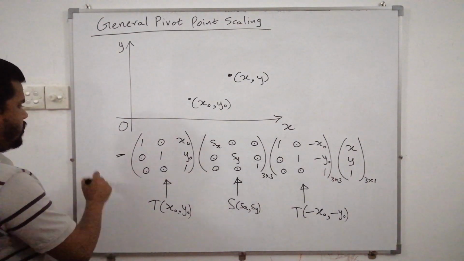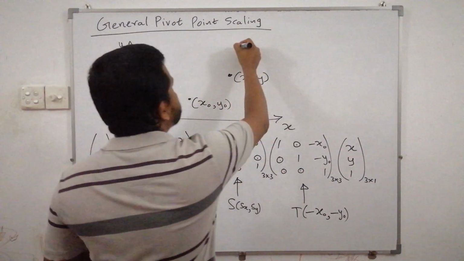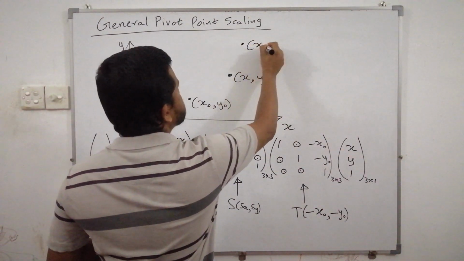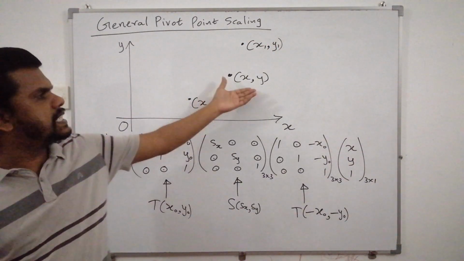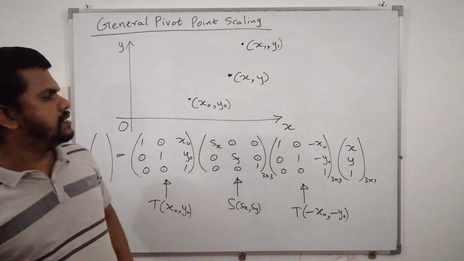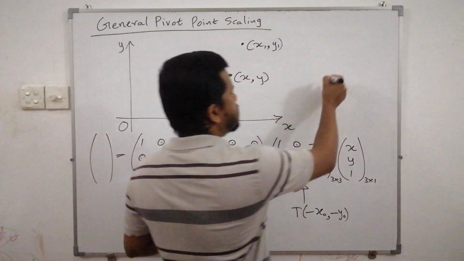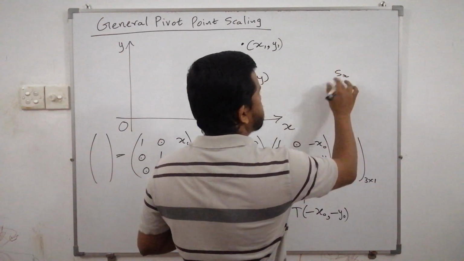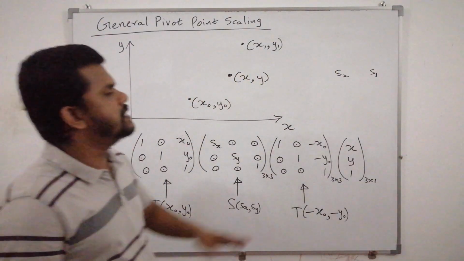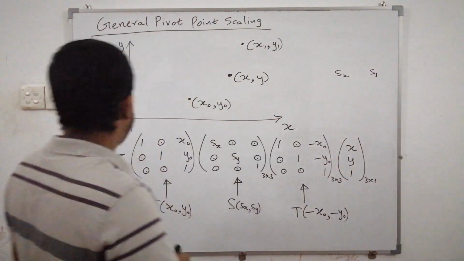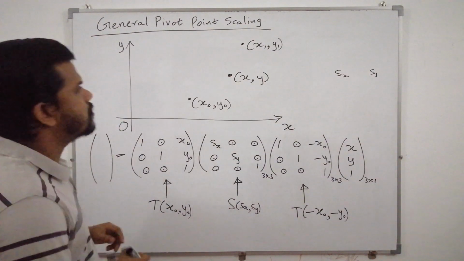So finally we can get the position x1, y1. That means if we scale this point with respect to this point with scaling factor sx along the x-axis and scaling factor sy along the y-axis, then we will get this coordinate.